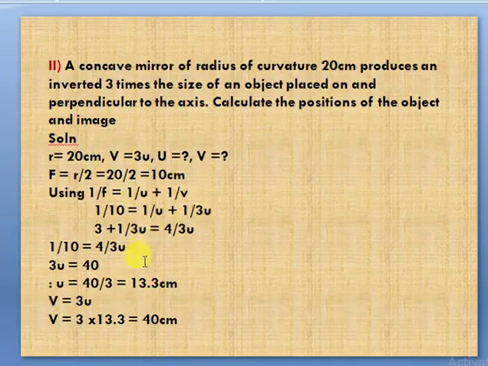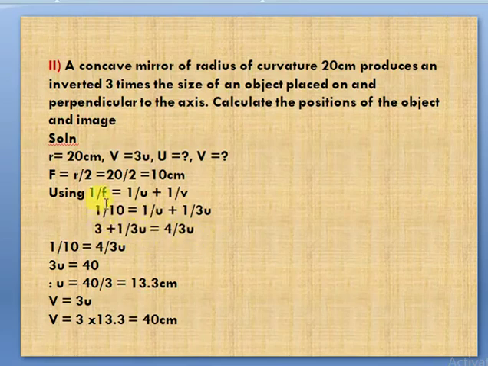I'm going to find the LCM of U and 3U, and that will give me 3U. U into 3U gives 3, 3 times 1 gives 3. Plus 3U into 3U gives 1, and 1 times 1 gives 1. So 3 plus 1 gives me 4 over 3U.